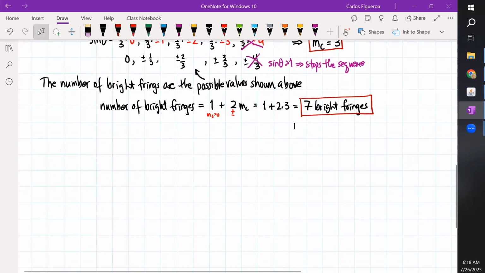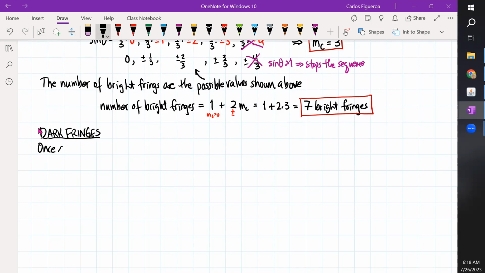Now I can do the exact same thing for the dark fringes. So let's look at the dark fringes. Once again, we start with the path difference equation.